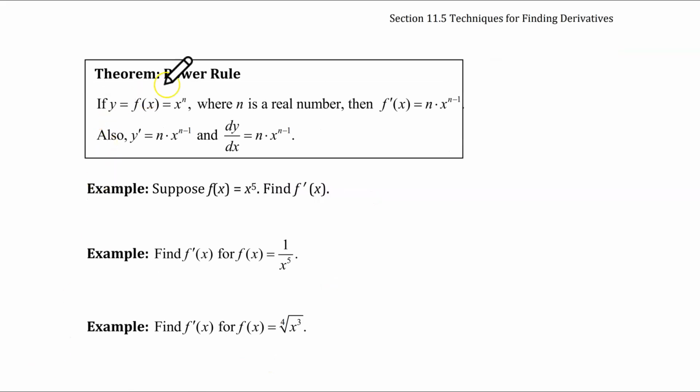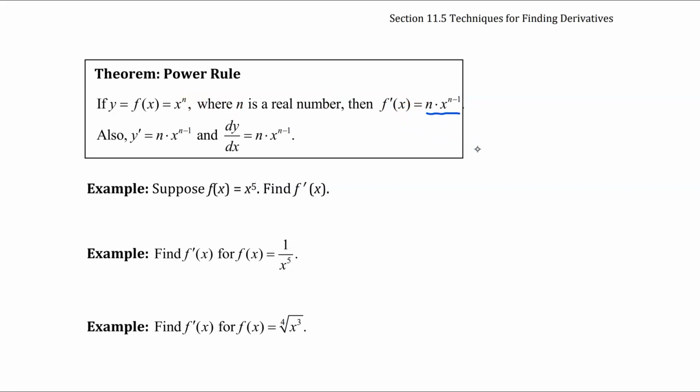The next rule is called the power rule. If a function can be expressed as x to the n, where n is a real number and x here is a variable, then the derivative with respect to x of x to the n is just equal to n x to the n minus 1.